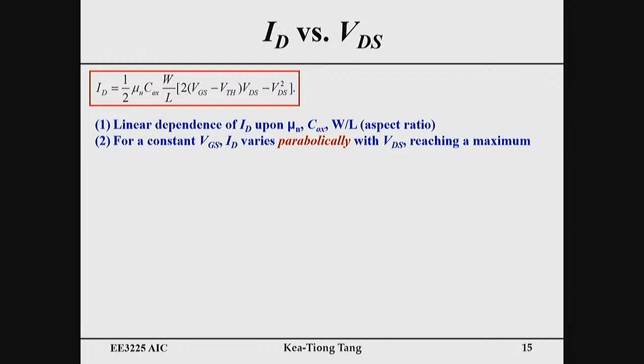Okay, the first thing is that this part is very important: 1 over 2 times mobility times C oxide times W over L. This is a very important quantity of the MOSFET. What is mobility? Mobility is the mobile ability, which is a property of your carrier.